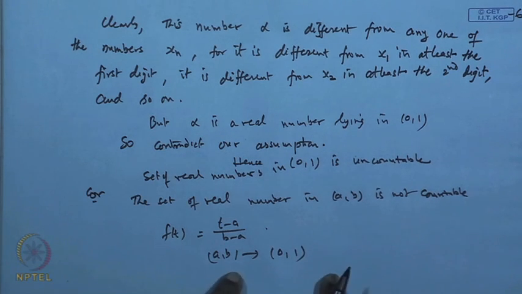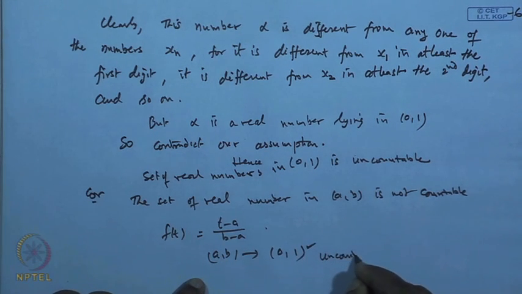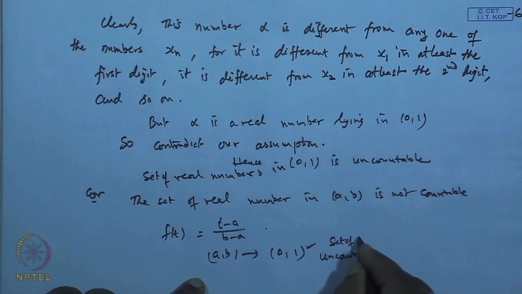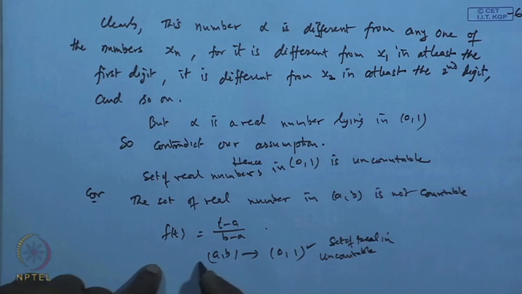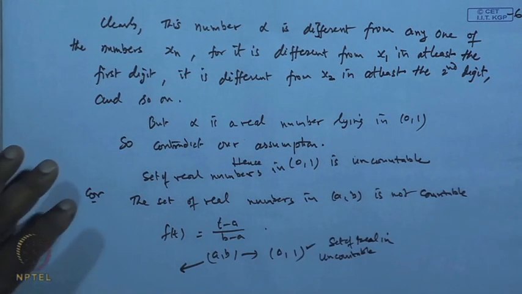And this is a 1-1 mapping. And the interval (0, 1) is uncountable. So the set of all real numbers in this interval is also uncountable.